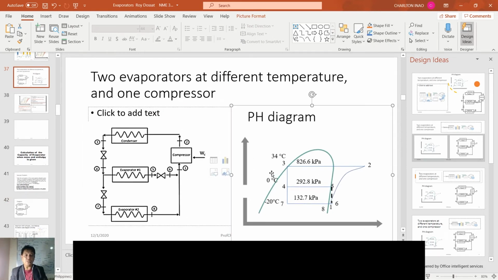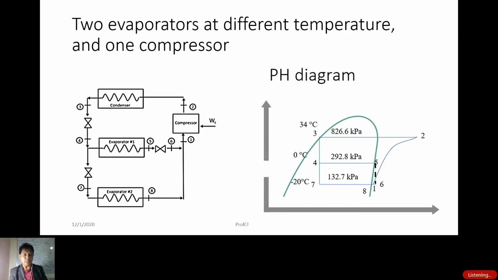My question now is, where is the evaporator with the different pressure and temperature? Here we have evaporator 1, as you can see, it says 1. This one is evaporator 2. So we have 2 evaporators, one here and the other here.